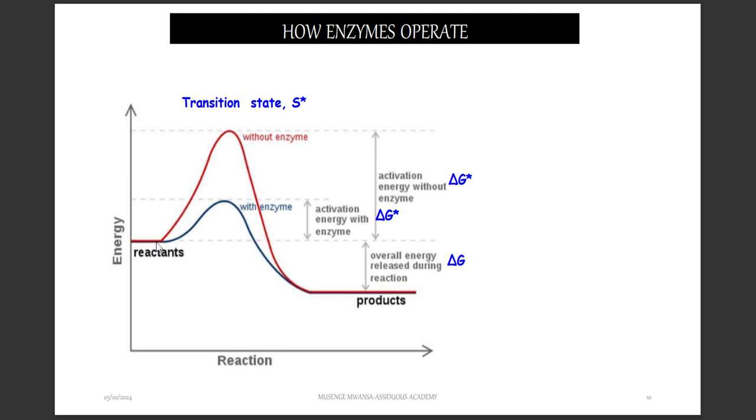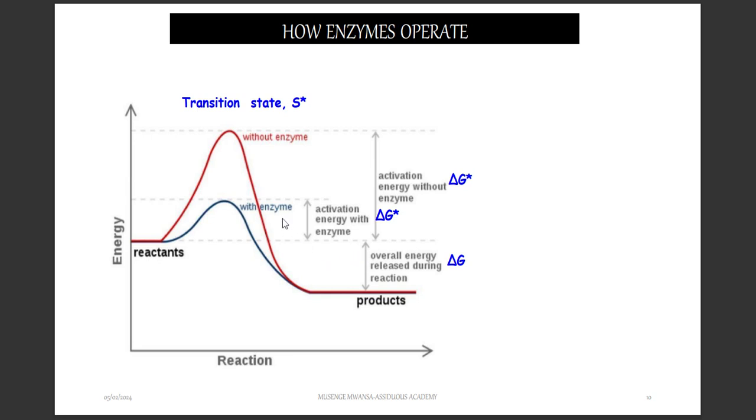For you to climb this hill, it will take a lot of energy. The energy that reactions require is the energy to move from the beginning to the maximum point. But now you have lowered the hill, so it takes only a small amount of energy to reach the top. Immediately they reach it, the reaction can just proceed by itself.